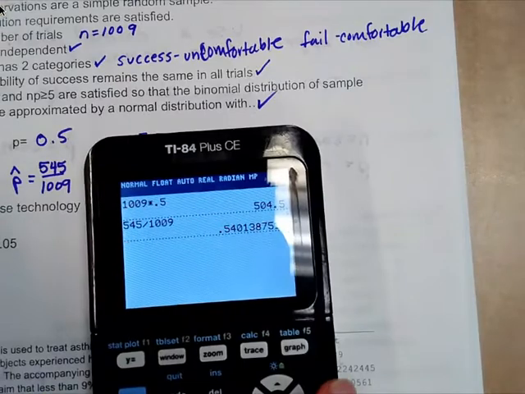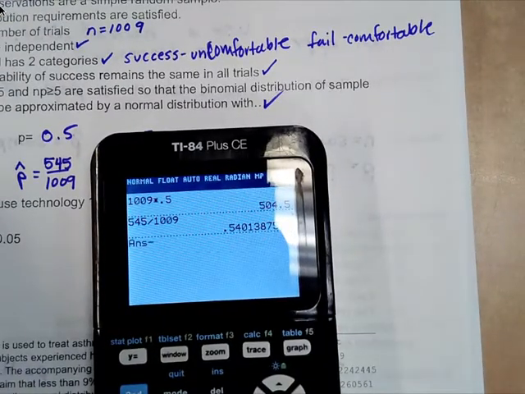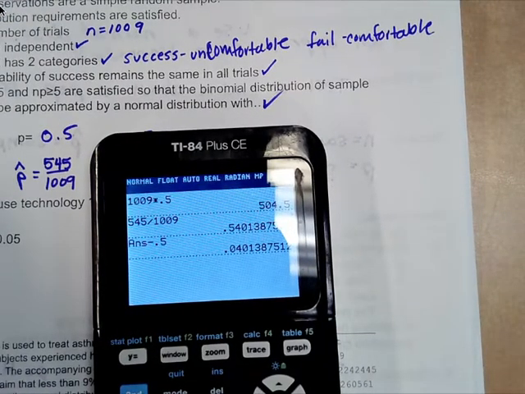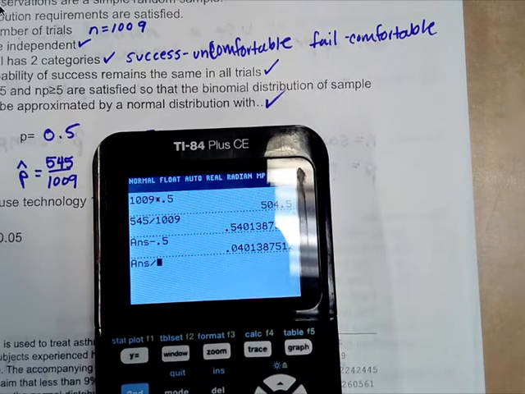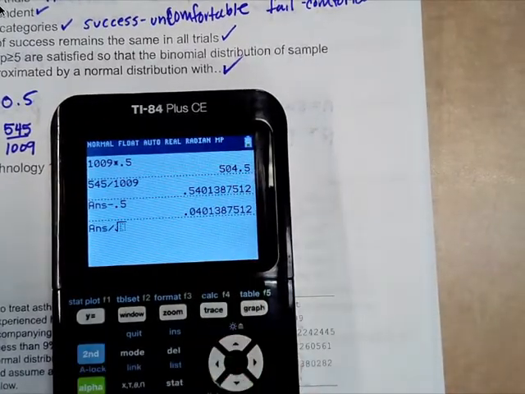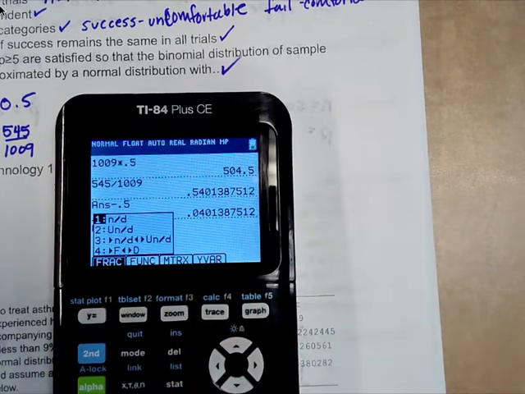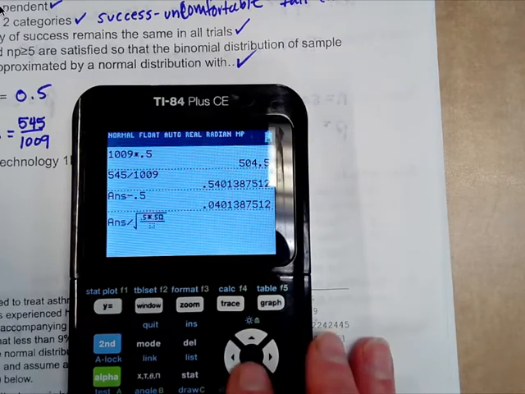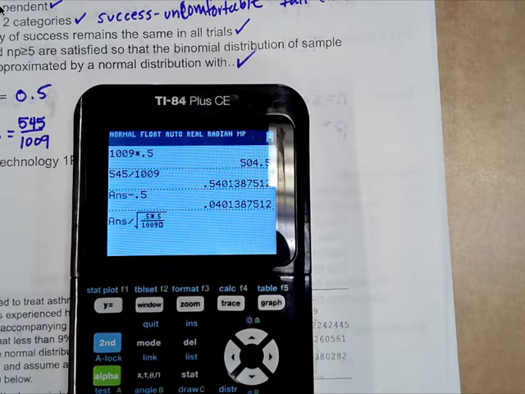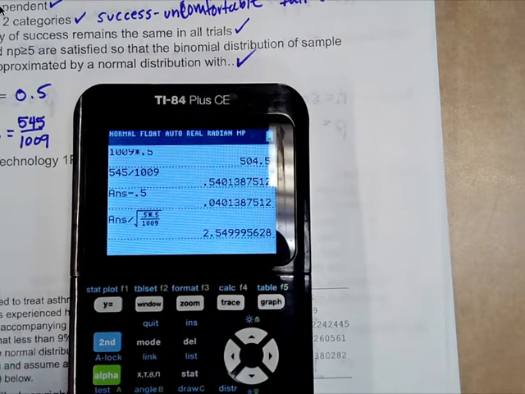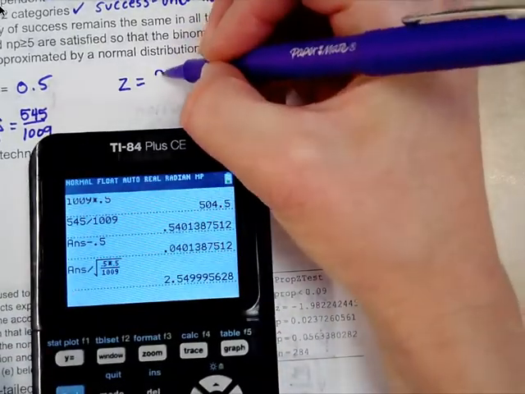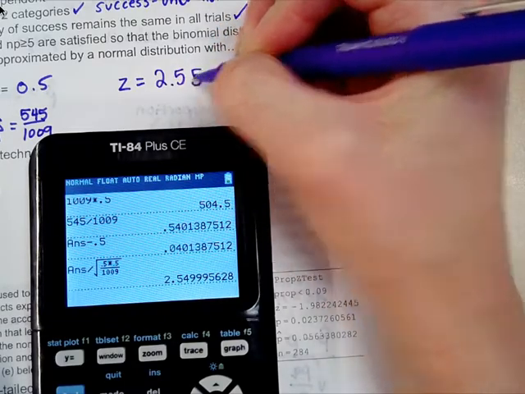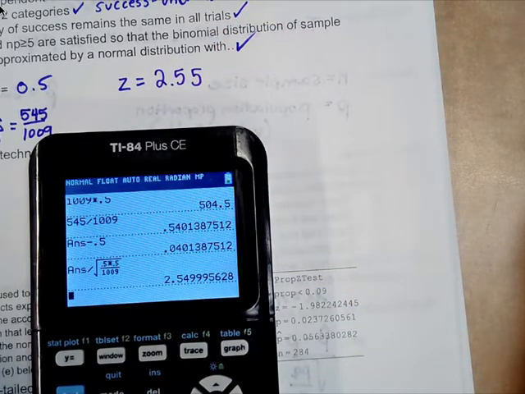So if I just go ahead and put that in my calculator, minus 0.5, and then I'm going to divide by the square root of P times Q, so it's 0.5 times 0.5 over N. So that's 2.55. I'll just go to 2 decimal places because that's how it works with the z-score because of the table. It just requires 2 decimal places.